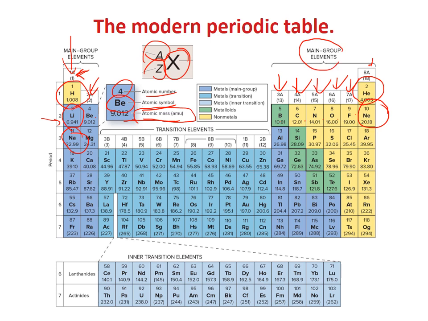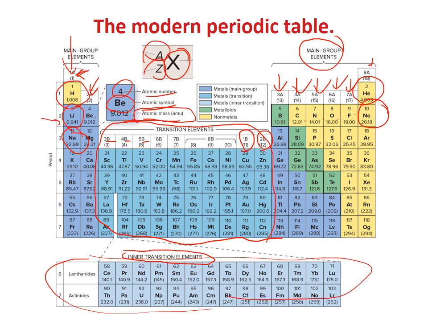These are all main group elements. In between, we have transition metals, transition elements, labeled by B. So 3B, 4B, 5B. So 1B is here, 2B is here. Okay, we have inner transition elements. These fill the gap here.